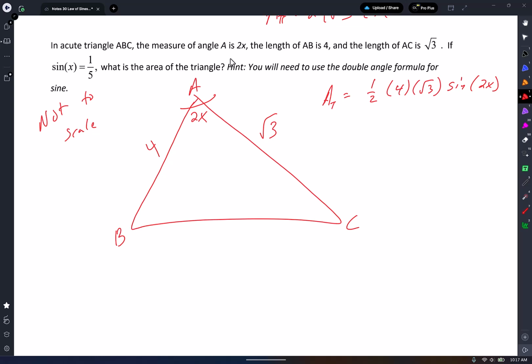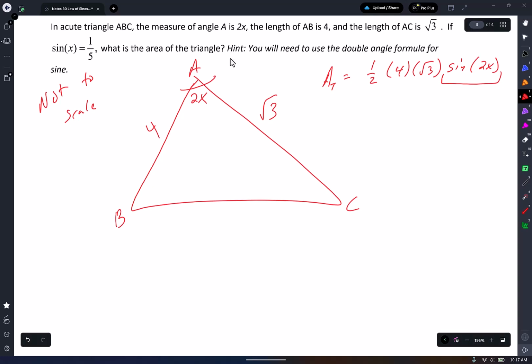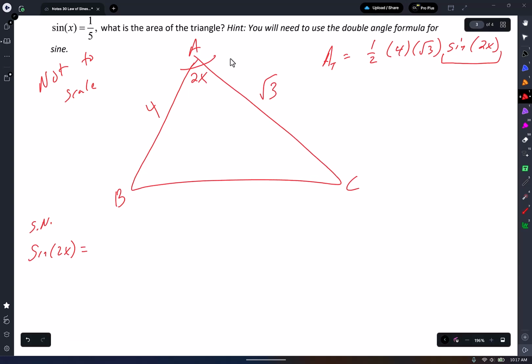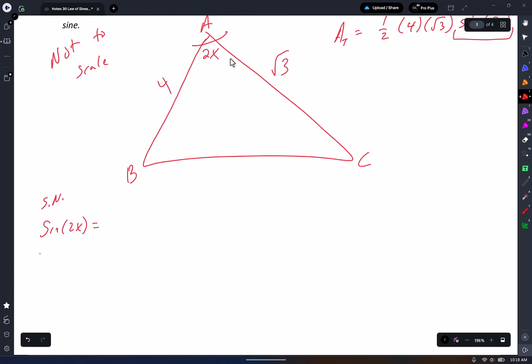But here's the issue. I need to expand sine of 2x. Do you remember what sine of 2x is? Side note. Sine of 2x equals, you don't remember? All right. Do you remember what sine of a plus b is? What's sine of a plus b?